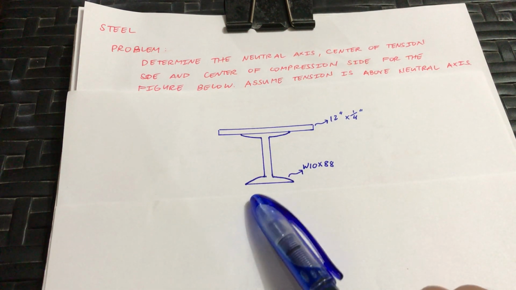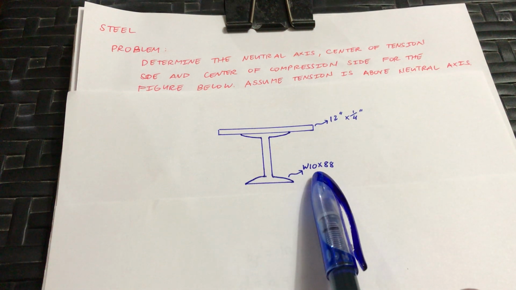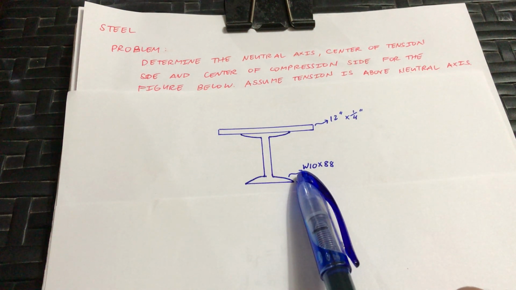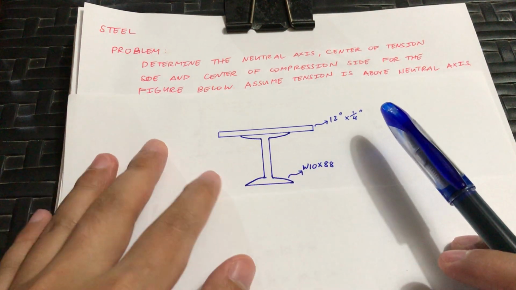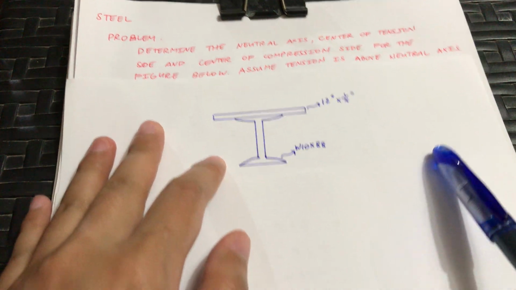Now to solve this problem, we first need the properties of the W10x88, which we can obtain from the Steel Manual PDF, which I provided for you in our module.